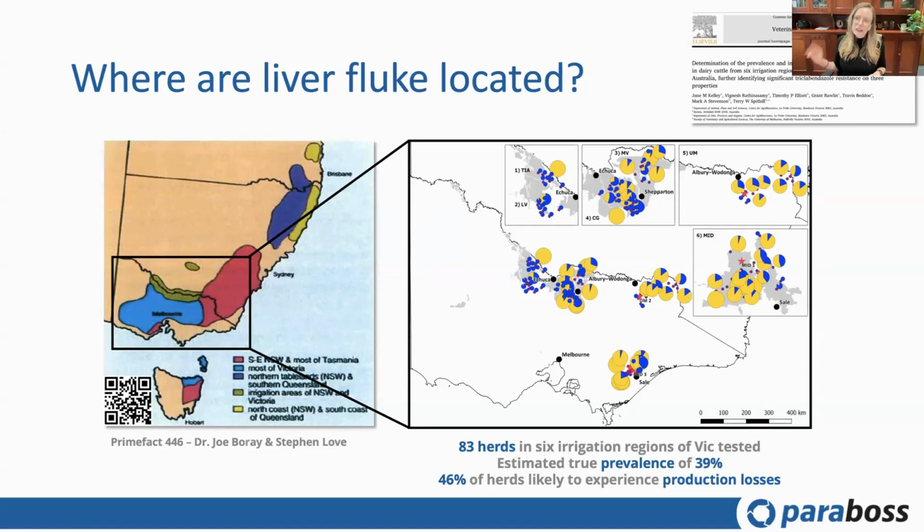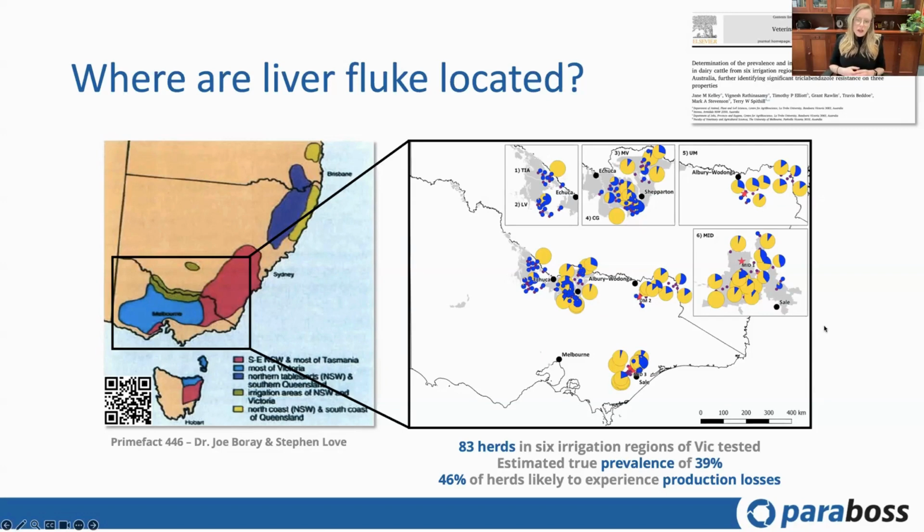Some of my colleagues in Victoria have done some of that work for us. So here is some of their latest work where they were looking not just at the distribution in certain irrigation areas in Victoria where we do see lots of problems with this parasite, but also at drug resistance. And I'd invite you to look their paper up further to get some more detail about what this graph is showing.